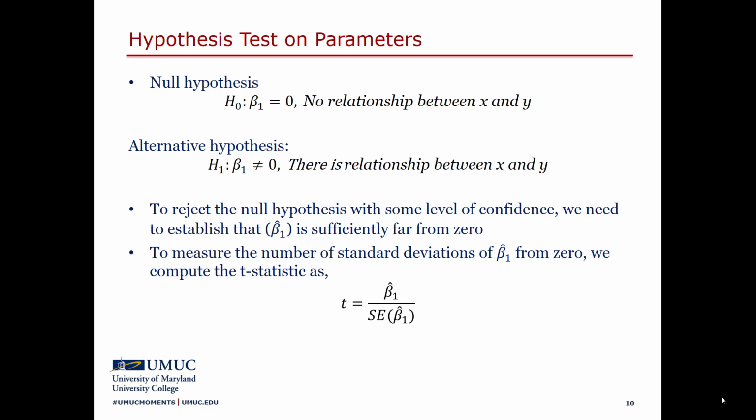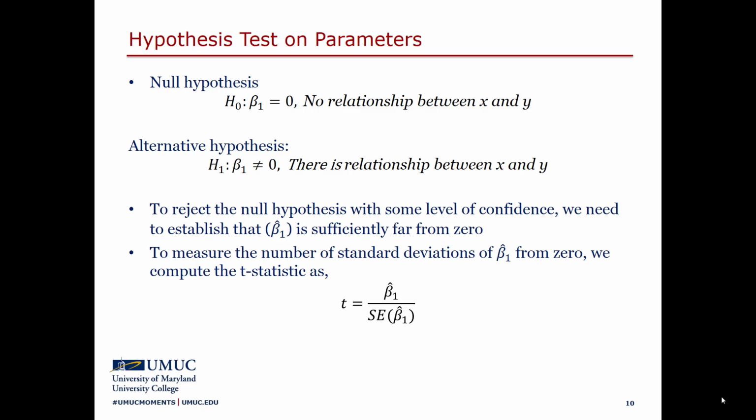The industry standard pretty much is 95% confidence, so the alpha value will be 0.05. And we need to establish that the estimated quantities are far from zero. Because if the estimated parameter is zero, that means there is no relationship. For instance, if beta 1 is 0, there is no relationship between x and y. Okay.